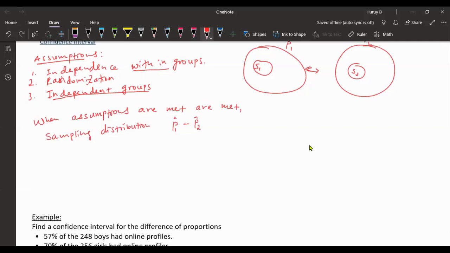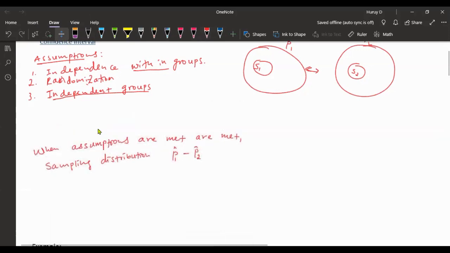I need to write down what p hat 1 is. p hat 1 is the sample proportion of sample 1, or group 1.